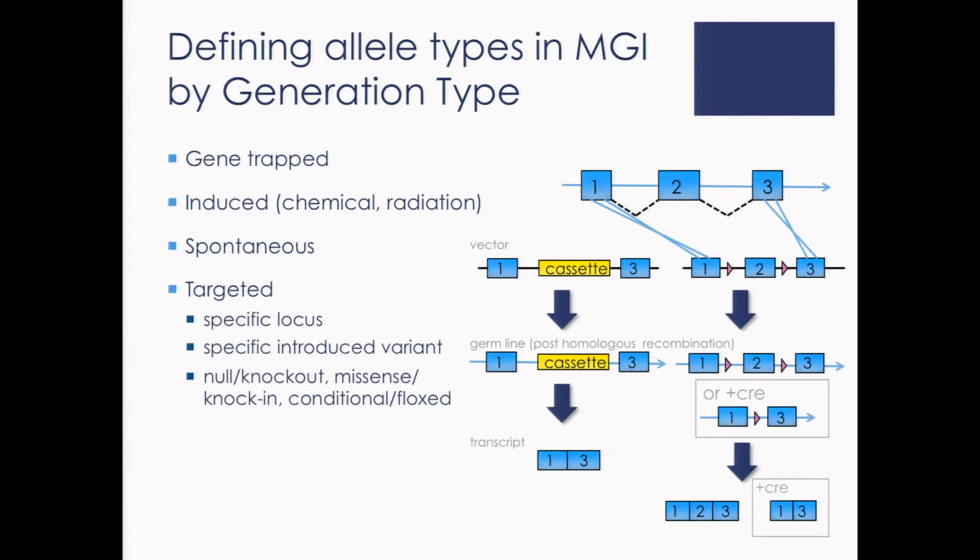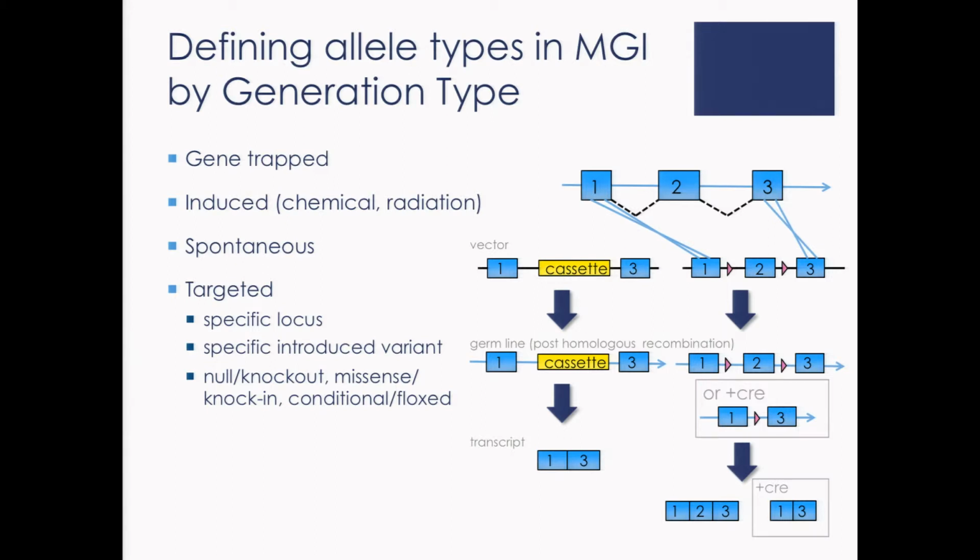These recombinase recognition sequences are by themselves non-functional, producing not a functional component. So the resulting allele is perfectly normal until a Cre recombinase is co-expressed, in which case the floxed or flanked region will be recombined in some way.